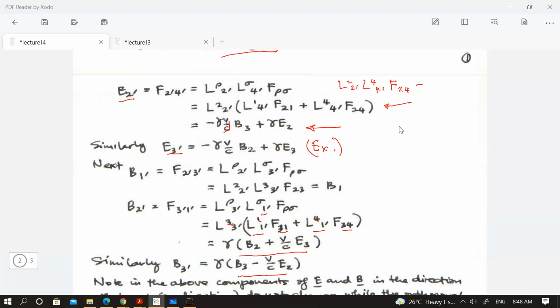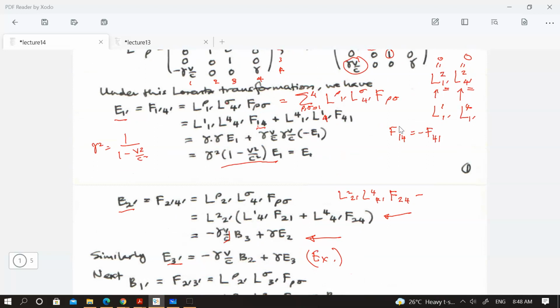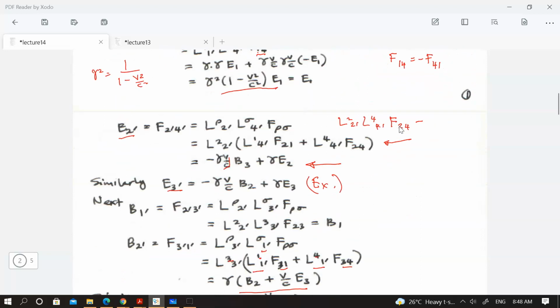Let's sum up what we did. Remember, the one that doesn't change comes from the first component, for E and for B. What does that say? The first component corresponds to the x direction, and the Lorentz boost is in the x direction.